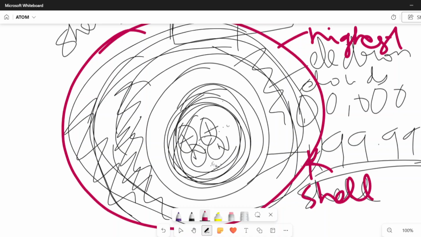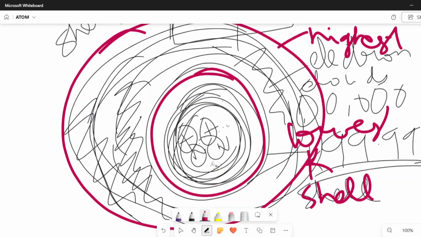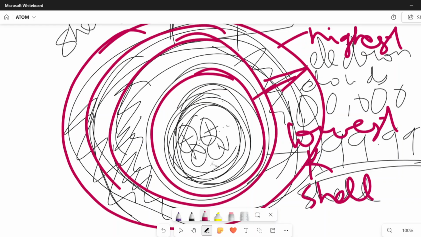They have to stay close to the nucleus. They require a lot of energy because they are at a large distance. So that's why the innermost shell will have the lowest energy and the outermost will have the highest energy. The energy levels will be increasing as we move further away from the nucleus.